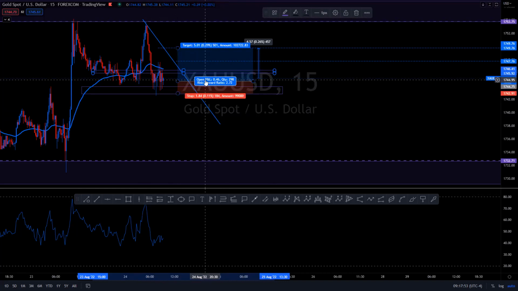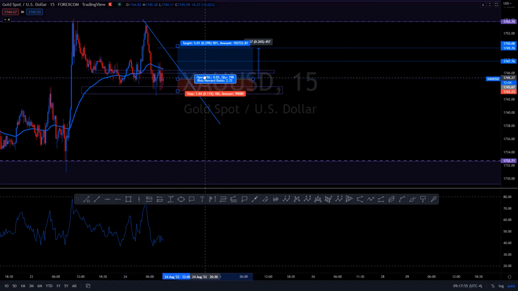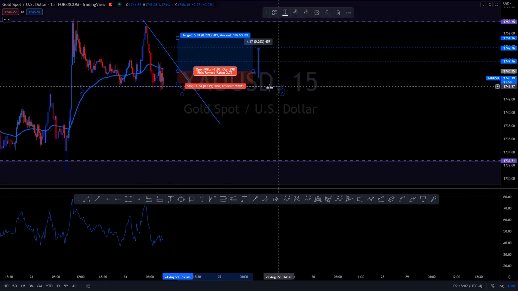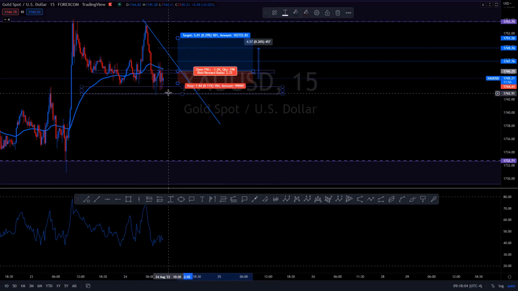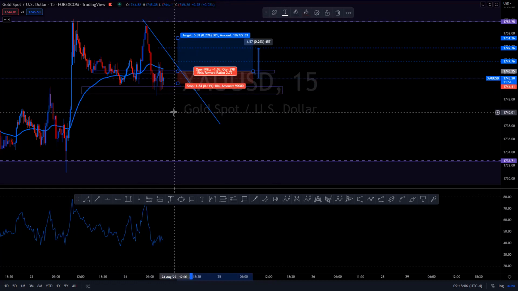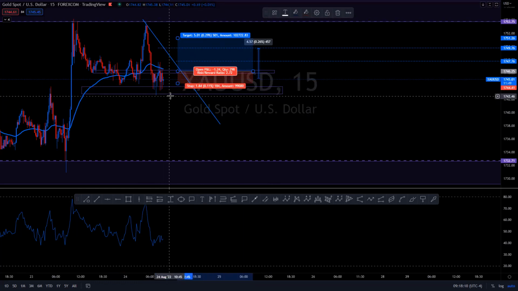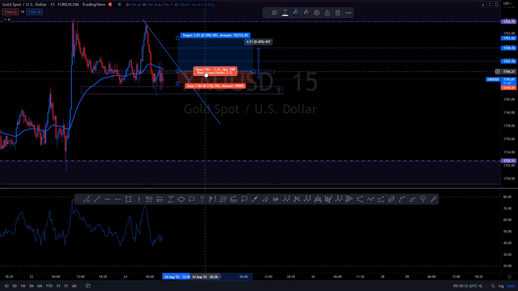So I probably feel more comfortable maybe buying it up if it closes above here. And vice versa, if price closes below this zone here, then I'll take it for a sell. That's what I'm thinking about doing, because price rejected this area. So that's what I'm looking at.